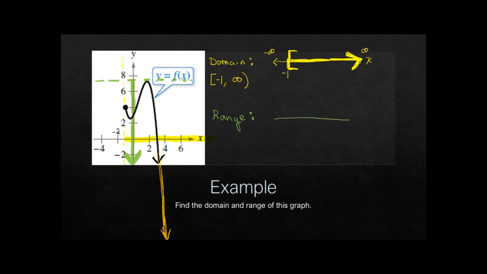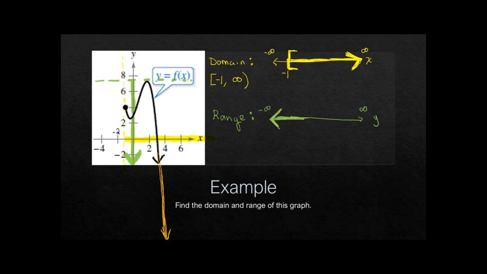So I'm going to draw my number line, put negative infinity to positive infinity, and we're looking at the y for the range. My lowest point is negative infinity because my arrow is going down, so that's where I'm going to be shading.